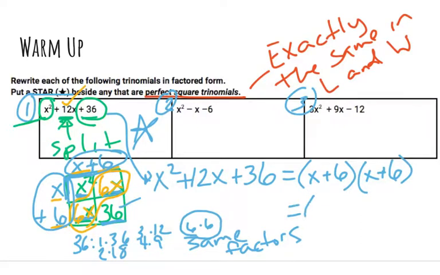And that could be written as x plus 6 squared, all right? So again, that perfect square, it can just be multiplied by itself.